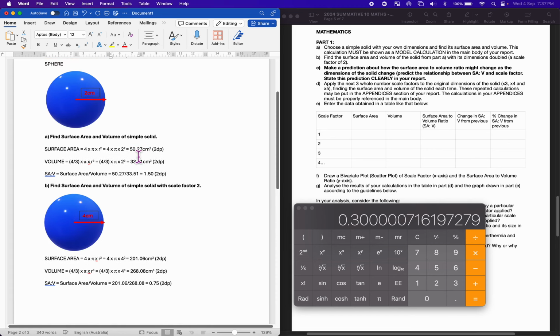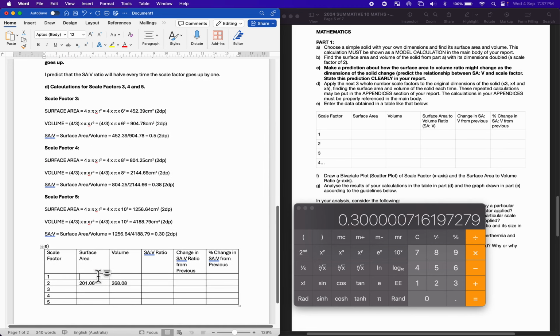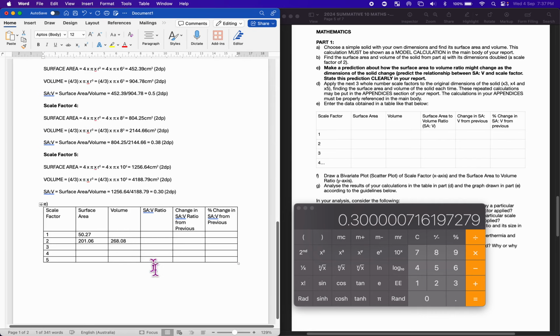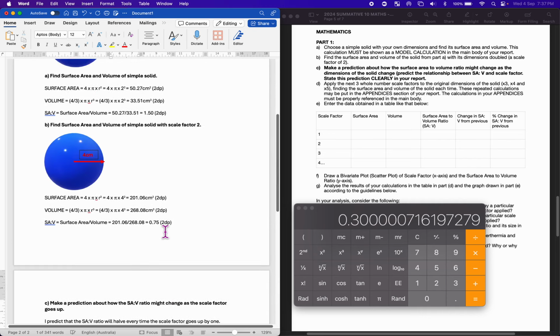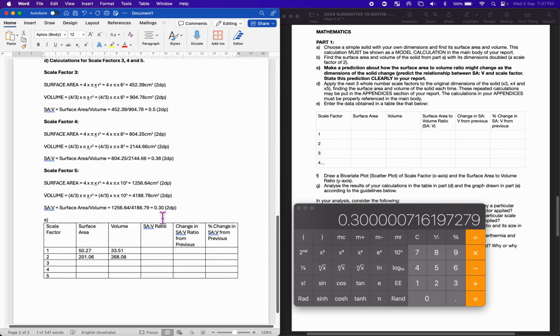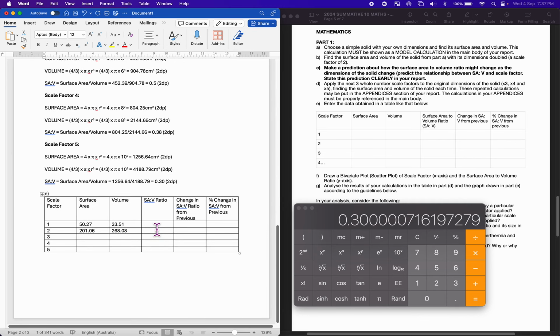Scale factor 1 was 50.27 and 33.51. Also, I forgot to put the surface area to volume ratio that I worked out. The surface area to volume ratio was 1.50. Scale factor 2 was 0.75.